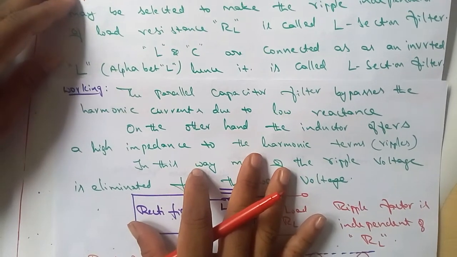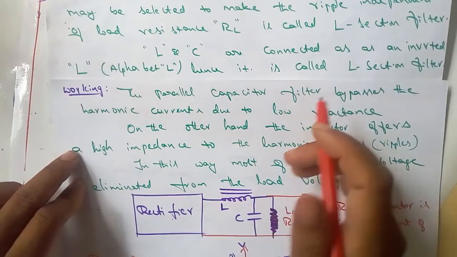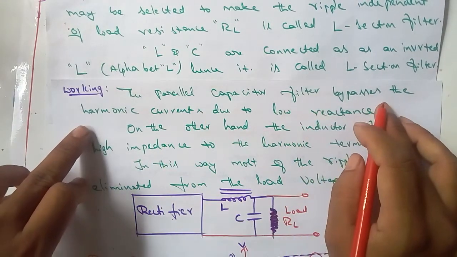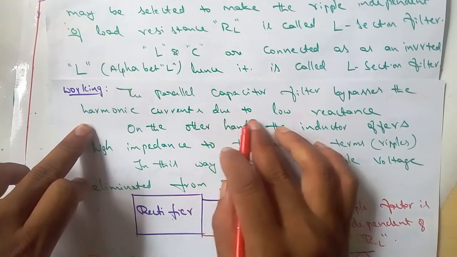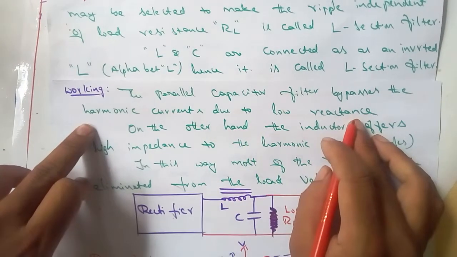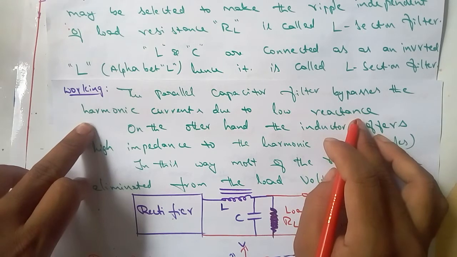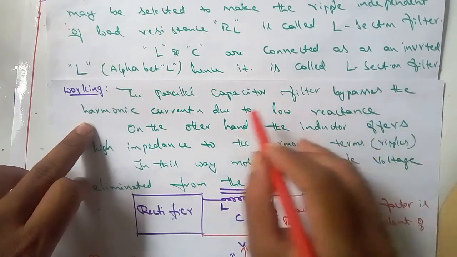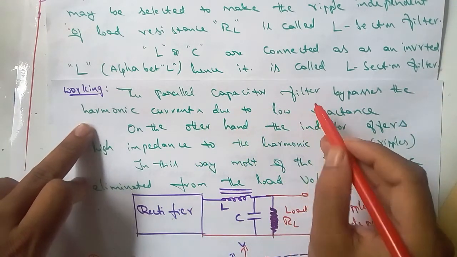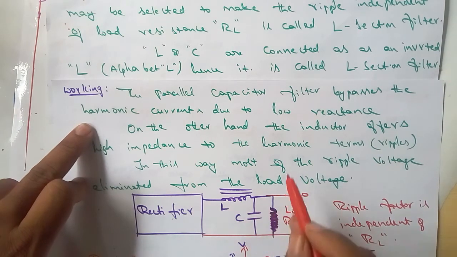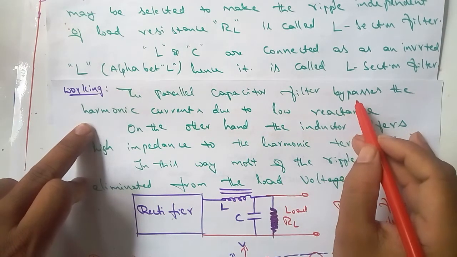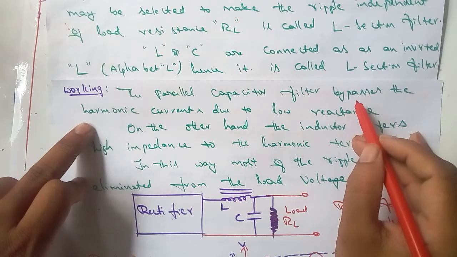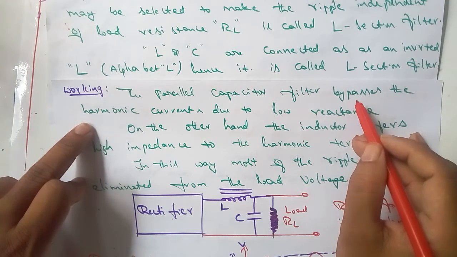Now you see here, the parallel capacitor filter bypasses the harmonic currents due to low reactance. Harmonic currents means ripples. This is the parallel capacitor filter, and it bypasses because it is offering a low reactance path for the AC and high reactance for the DC.